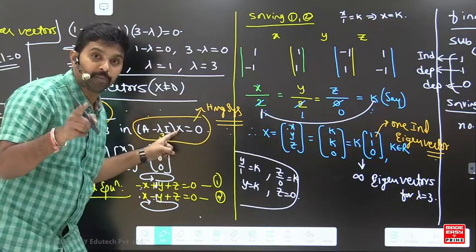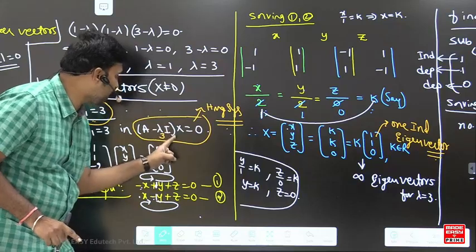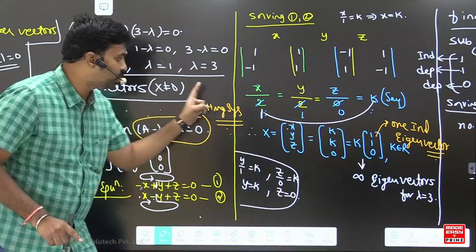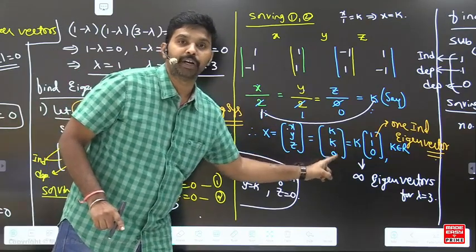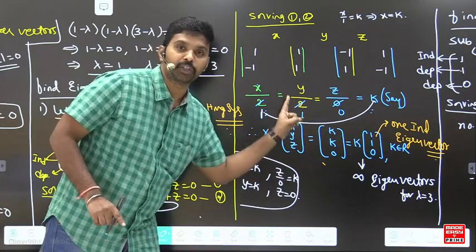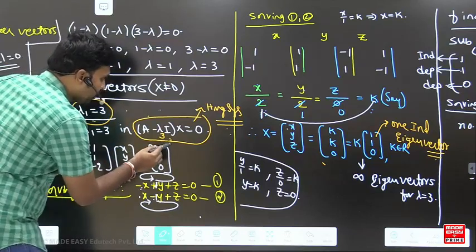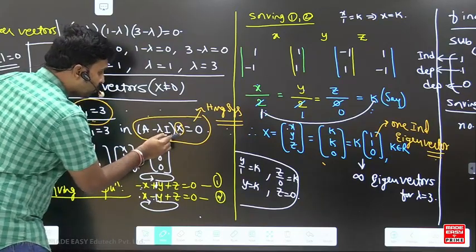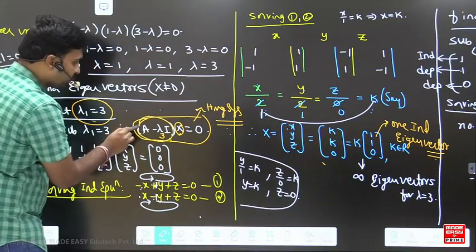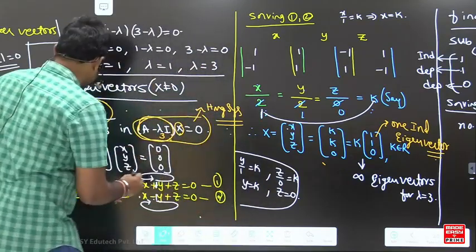The nullity is given by the number of independent solutions of (A minus 3I) x equal to 0. That number of independent solutions is nothing but the number of independent eigenvectors. So the number of independent solutions of this system is given by the number of unknowns minus the rank of the coefficient matrix A minus lambda I. How many unknowns are there here?